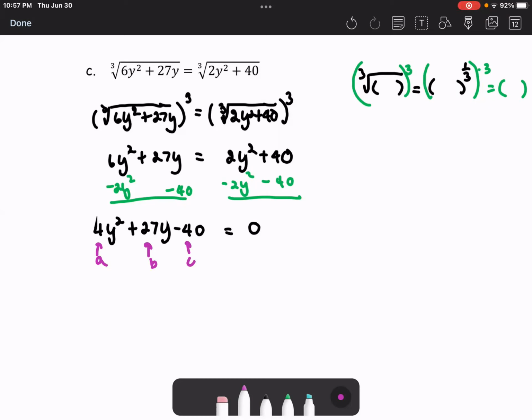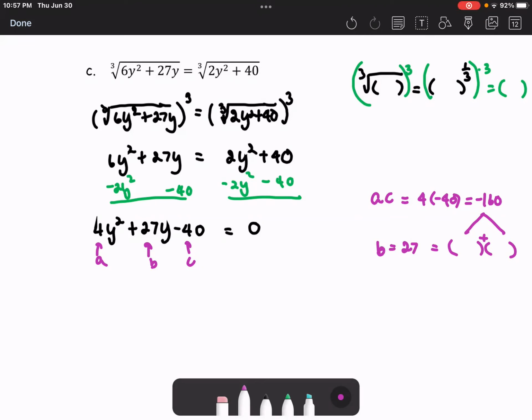So we're going to use the grouping technique by multiplying A and C first. A multiplied by C is 4 times negative 40, or negative 160. And then we're going to break this number into 2 numbers that multiply to each other, but add together to get the value B, which is 27. Think about the numbers.